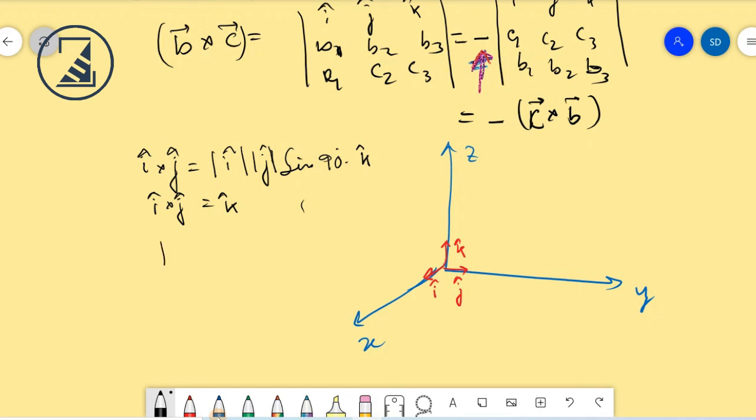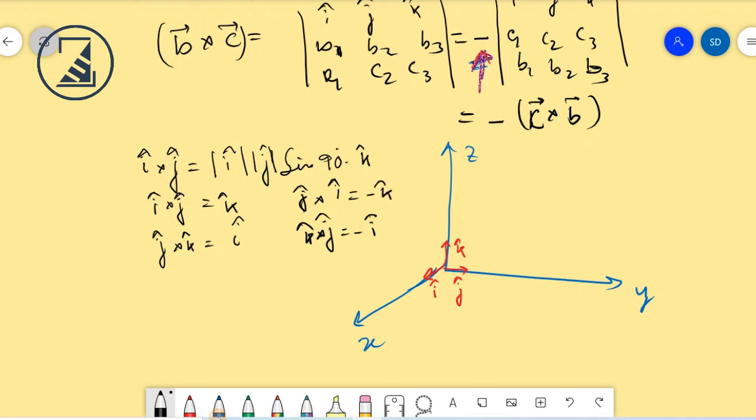Now what about j cap cross k cap? This is i cap. From this we can see that k cap cross j cap is minus i cap, and j cap cross i cap is also minus k cap.